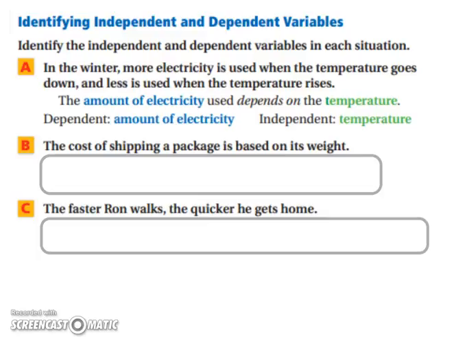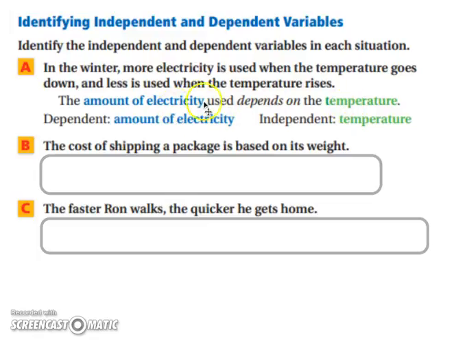Let's look at identifying the independent and dependent variables. So, in the winter, more electricity is used when the temperature goes down, and less is used when the temperature rises. So, our dependent is the amount of electricity, and the independent is the temperature. The amount of electricity depends on the temperature.